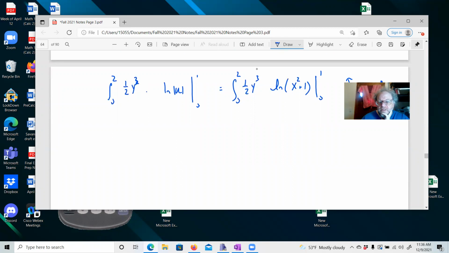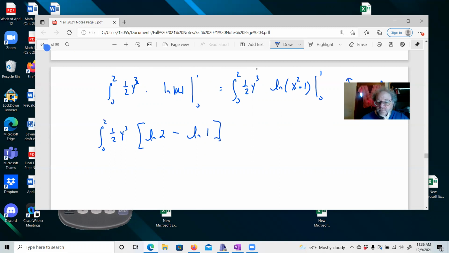Okay, so let's go ahead and put this in. So we have 0 to 2, 1/2 y cubed, and then we have ln of 1 squared, which is 1, plus 1 is ln of 2, minus ln of 0 squared, 0, 0 plus 1 is 1. What is the natural log of 1?